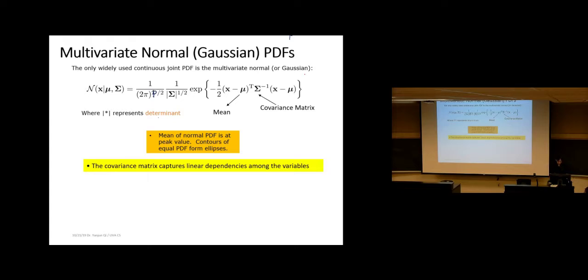This page is trying to tell you, again, that the mean of the normal PDF is the peak value, which means the position where the density is largest. The contour of equal probability density forms ellipses, which will be very clear on the next page. The covariance of the normal distribution captures linear dependency among the variables.